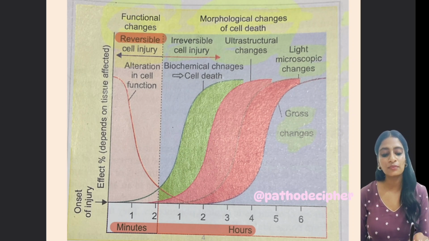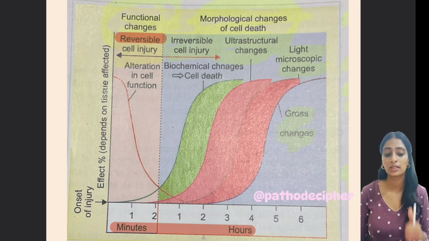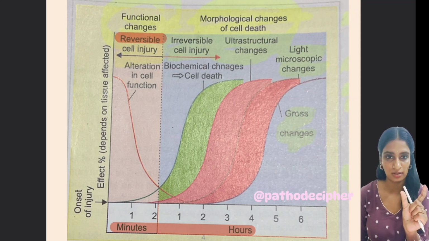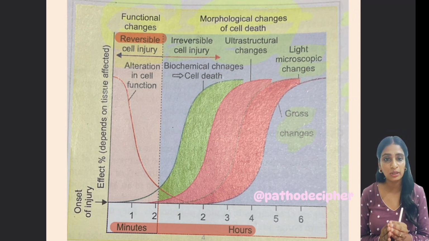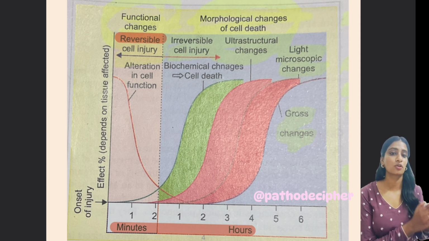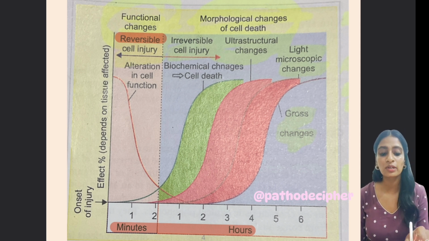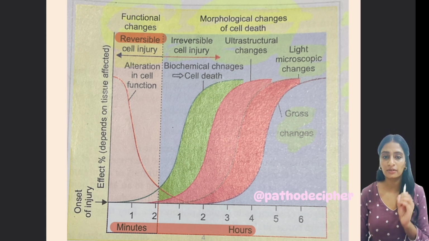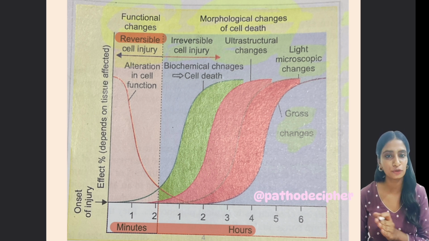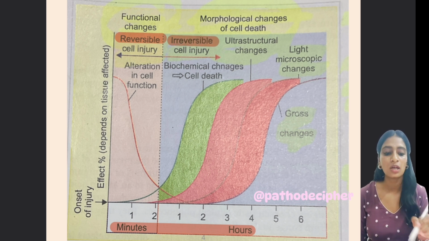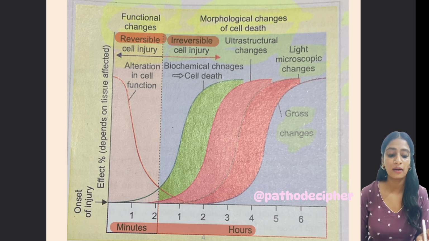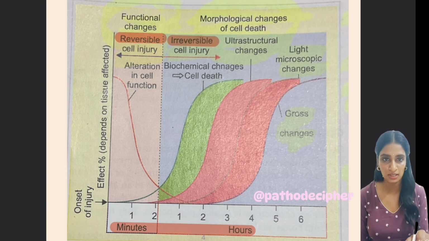Okay, within a minute there will be reversible cell changes, that is, functional changes. First the cellular function will be affected, then it will grossly affect the morphology of the organ. Understood? So the first one is reversible cell injury, where the alteration in cell function happens within a few minutes of the stimulus. The second, after an hour or two, is also reversible cell injury.